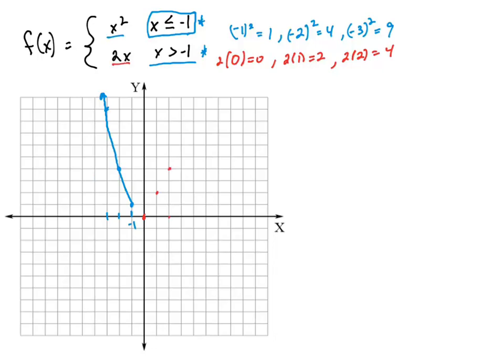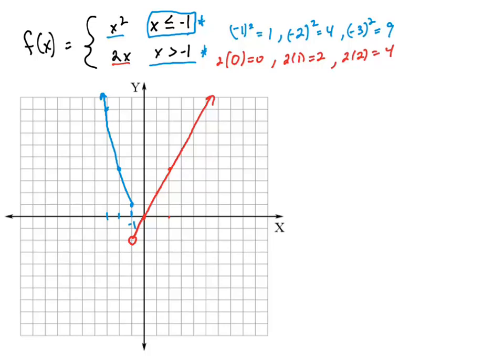We know that this is a straight line, so it's going to go like this. Now again, a regular straight line is going to go on forever. However, because we have a cutoff at -1, we're going to get rid of that portion. And it actually goes down to -1, but it's not going to include -1, so we're going to put an open circle right there.